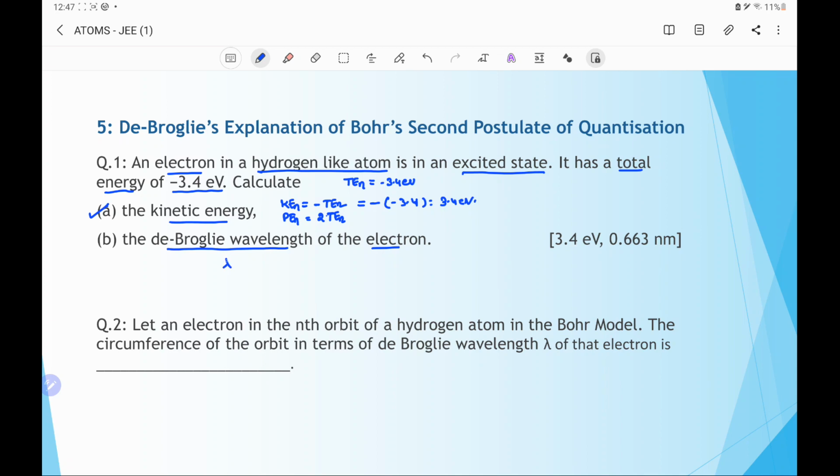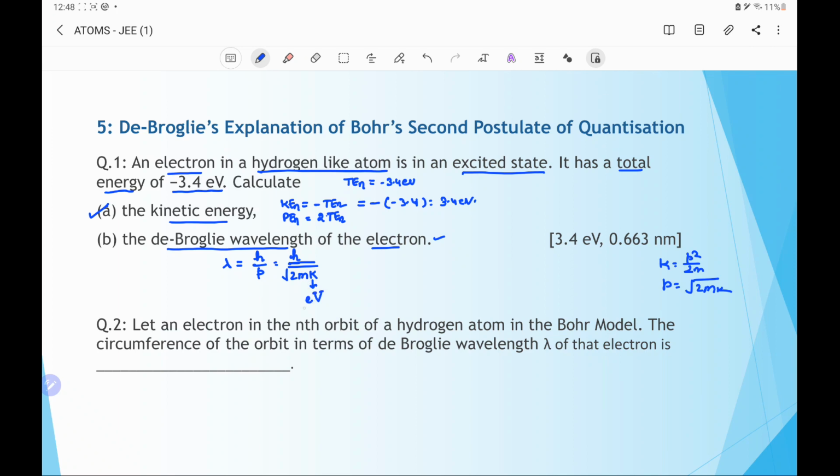Second is de Broglie wavelength of the electron. The de Broglie wavelength of the electron, which is a moving particle, is given by lambda equal to h by p, and this p can be written as, because we know kinetic energy is p square by 2m from mechanics, so p will be equal to root 2mK. We replace this p, so we will have h by root 2mK. This K is the kinetic energy which electron has when accelerated from the potential V having the charge e.